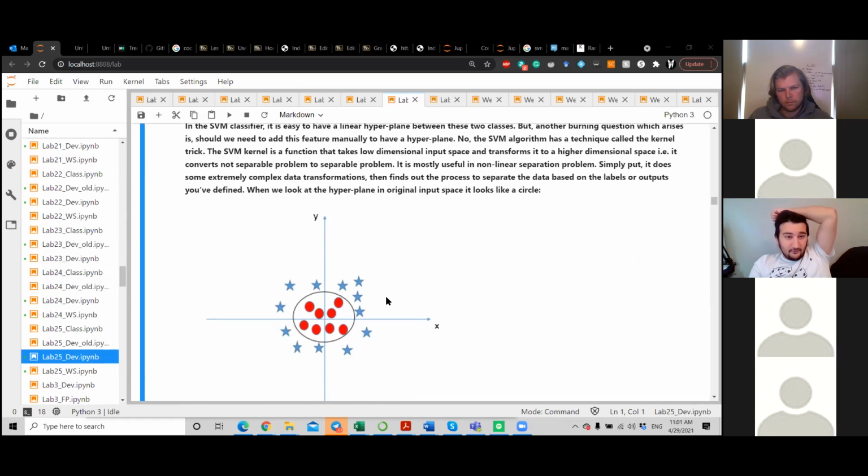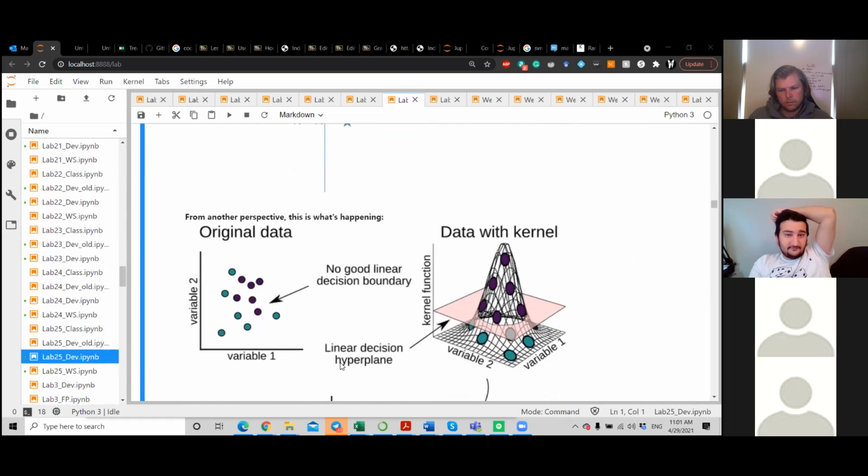You want to see something cooler? Check this out. In the two-dimensional space, we had variable 1, variable 2, x or y, and we had a bunch of points. It is very hard to come up with a straight line to separate them. So we use the kernel function to take this two-dimensional representation to a 3D representation.